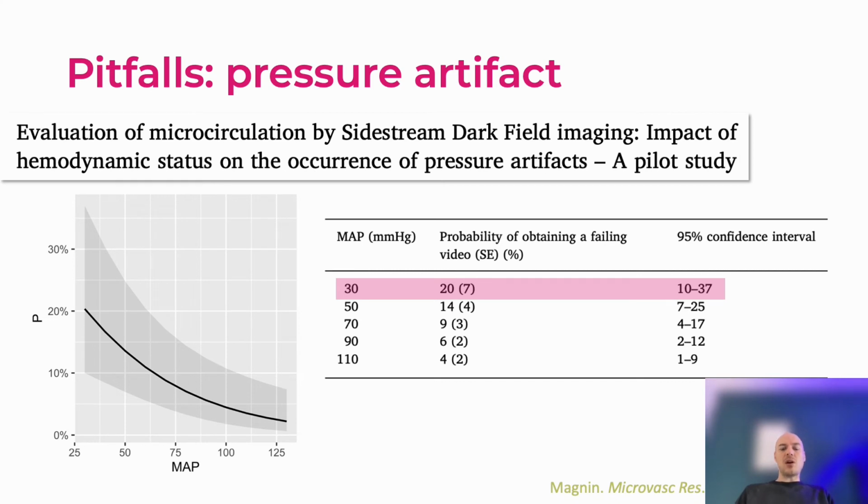And these pressure artifacts are even more pronounced when hemodynamics are compromised. Here you can see that the HVM clips have a higher validation score failure when the mean arterial pressure was below 50 due to pressure artifacts.